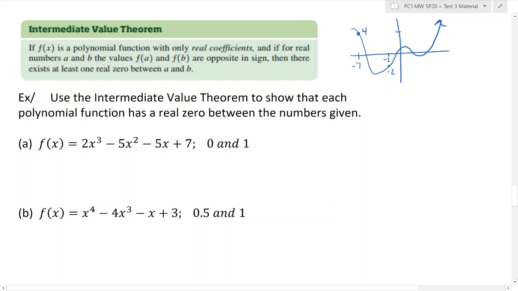So that means that over here at -7 we were above the x-axis, and over here at -2 we were below the x-axis. So we know that there exists a real zero somewhere between -7 and -2. That is the intermediate value theorem in a nutshell.